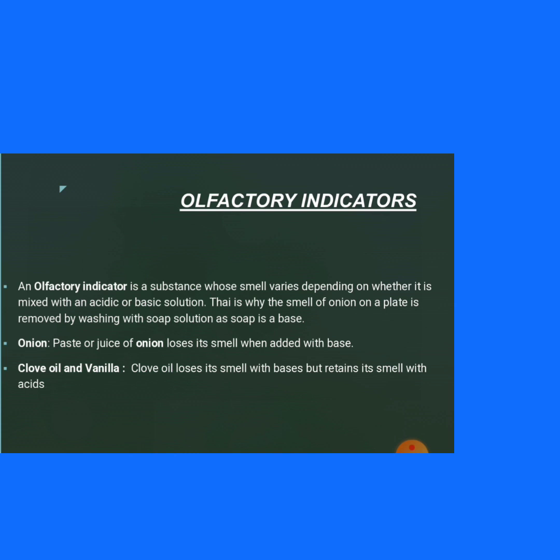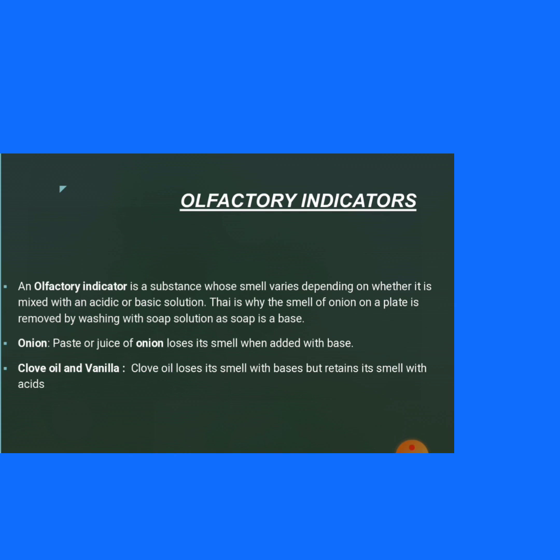An olfactory indicator is a substance whose smell varies depending on whether it is mixed with the acid or a basic solution. In this case, the smell of the onion is getting changed or removed by a soap solution which is a base, so it is an olfactory indicator. So we always say paste or juice of onion loses its smell when added with a base.